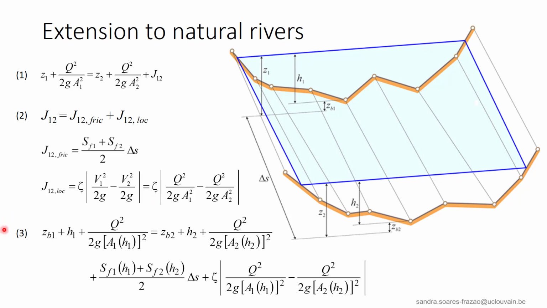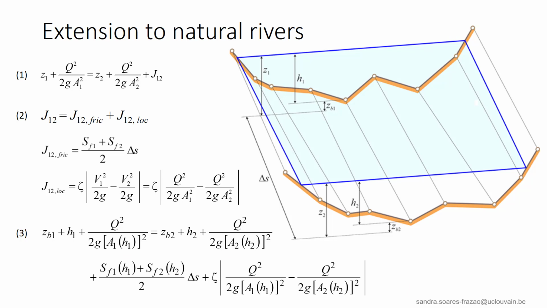So, if we develop the water level as the sum of the bed elevation ZB, that is the elevation of the talweg in the cross-section, and the water depth H, we finally obtain equation 3. In this equation, we see that all variables depend on the water depth, either H1 or H2.